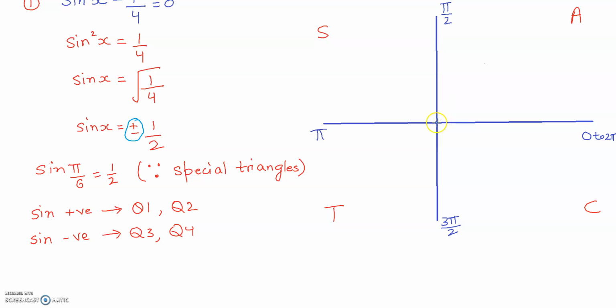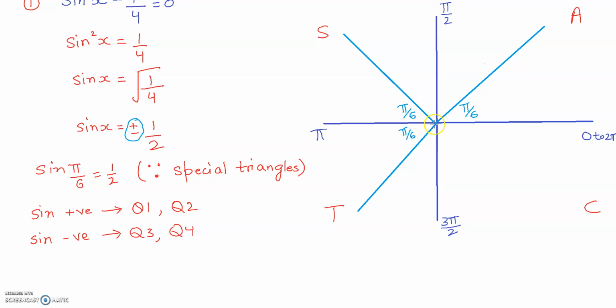So I will start with the first quadrant here, and I will write pi over 6. I will do the same thing in the second quadrant, writing pi over 6. In the third quadrant, again, pi over 6.